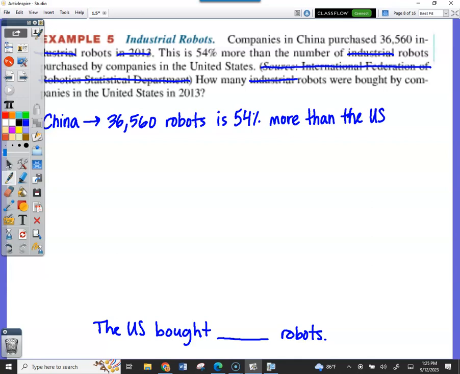I always assign it to something that relates to what I'm trying to find. I'm trying to find something regarding the U.S., right? So I'm going to let U equal the number of U.S. robots.